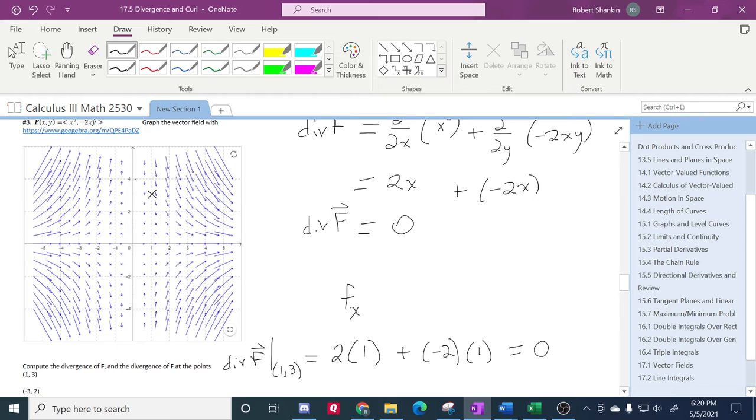Partial of that with respect to x. This governs the x component of any of these vectors. Now, as you move to the right, if the x components of the vectors get bigger, you're going to be expanding. And the vectors are going to get, and the particles are going to get further and further apart.